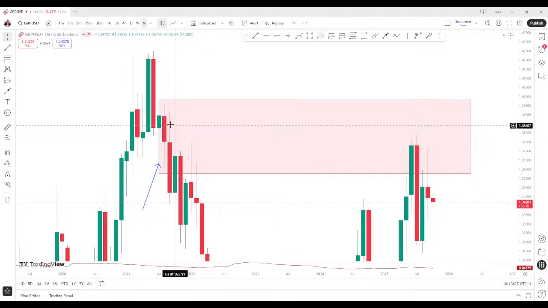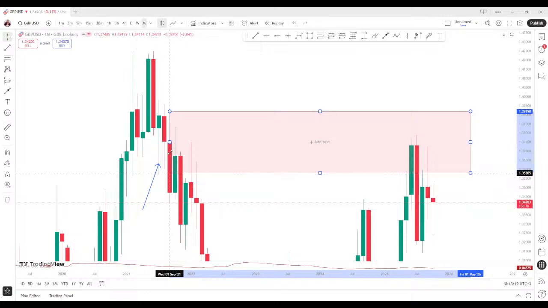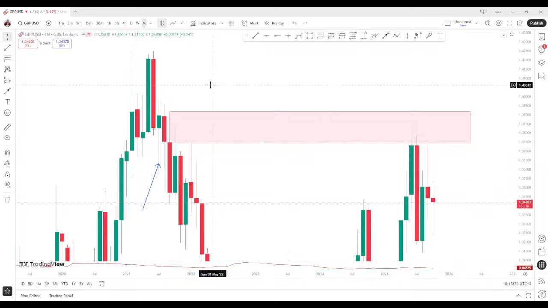This week mitigated this order block. So money left this order block and came to this week. That week there. Can you see this? So money left the order block and came to this week.